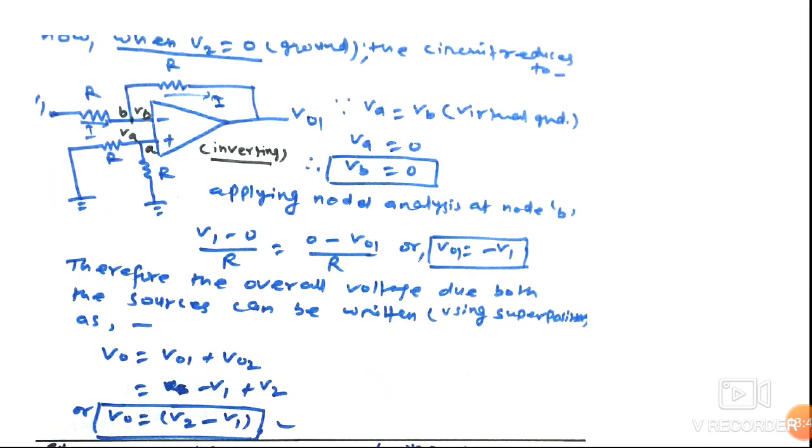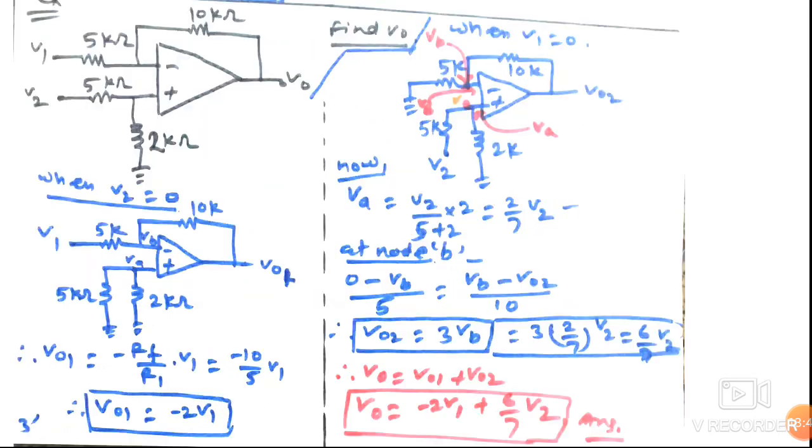So solving we get V02 is equal to 3 times VB, that is 3 into 2 by 7 into V2, that is equal to 6 upon 7 into V2. So the total output voltage V0 is written as V0 is equal to V01 plus V02, that is output due to both the sources. So this is essentially equal to minus 2 times V1 plus 6 by 7 into V2.